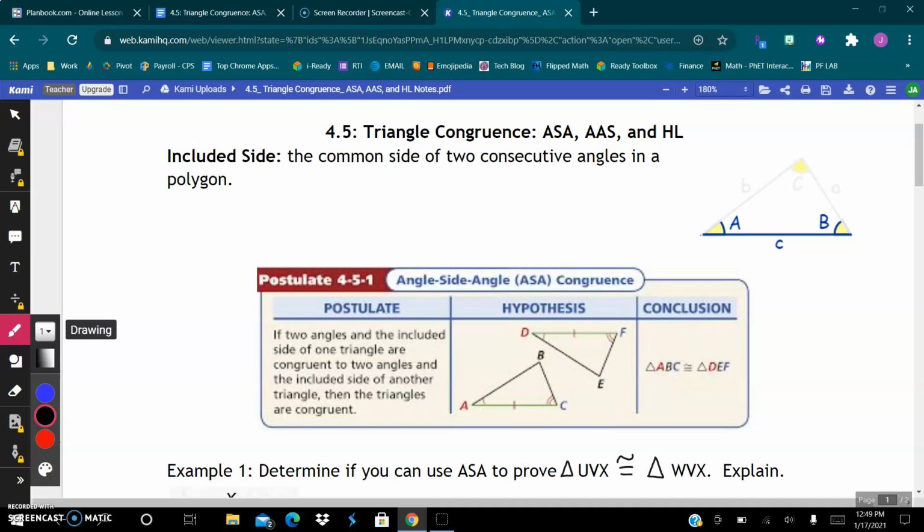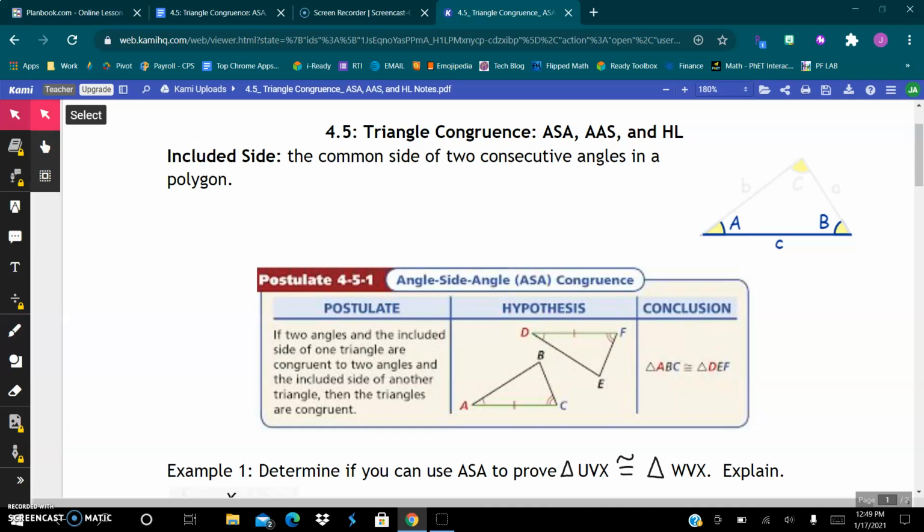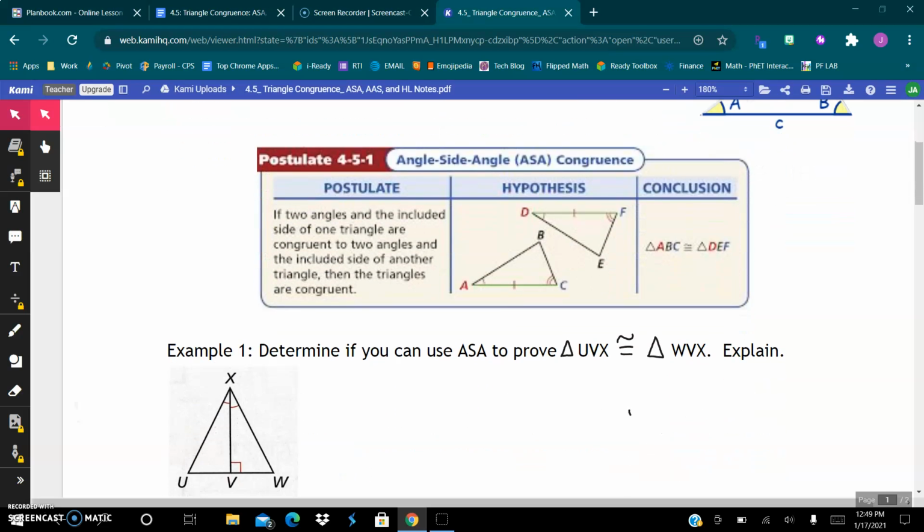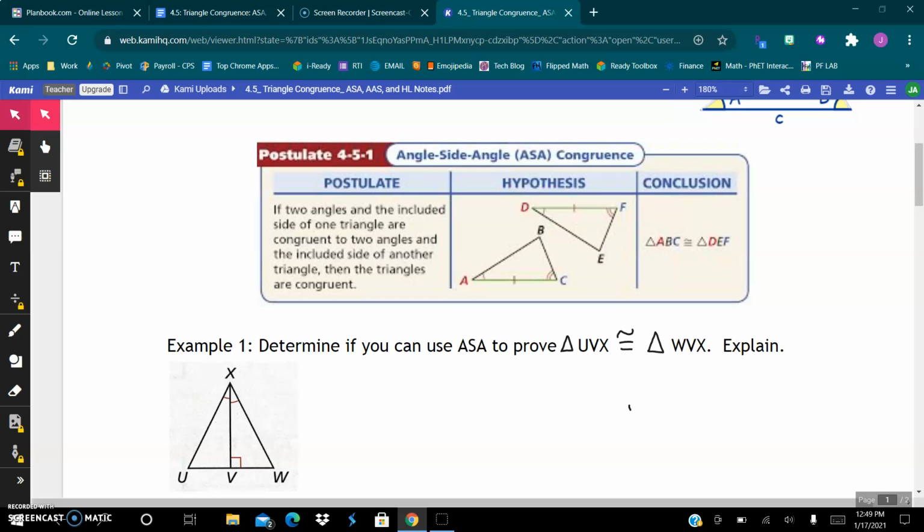As you can see over here in the picture, segment C is part of angle A and it's part of angle B. So that included side helps us with the angle-side-angle postulate. It says if two angles and the included side of one triangle are congruent to two angles and the included side of another triangle, then the triangles are congruent.